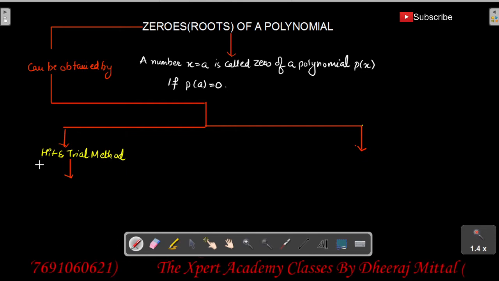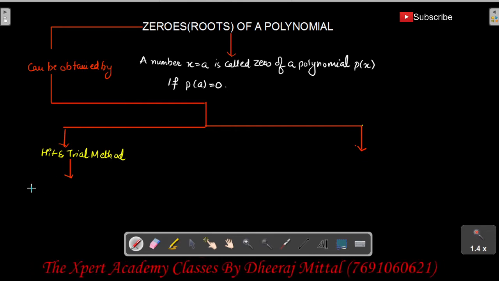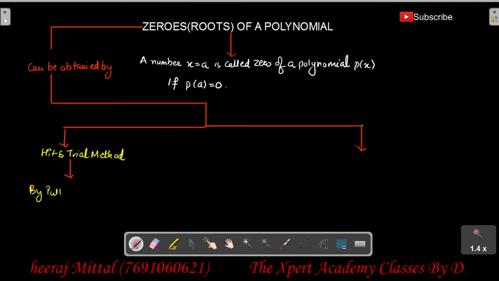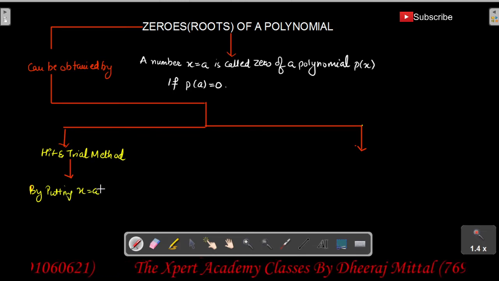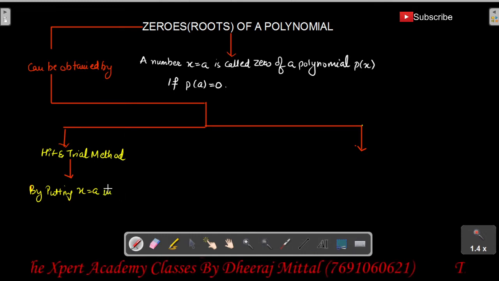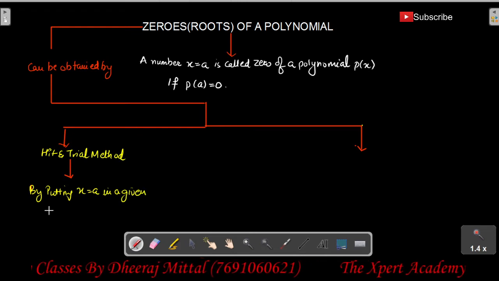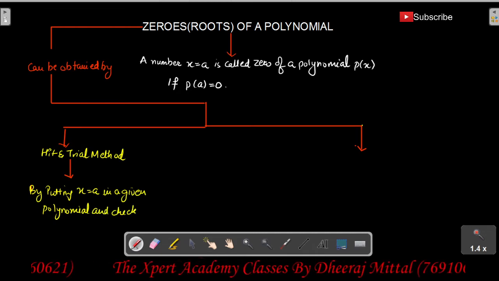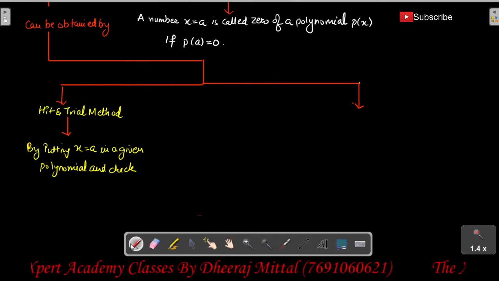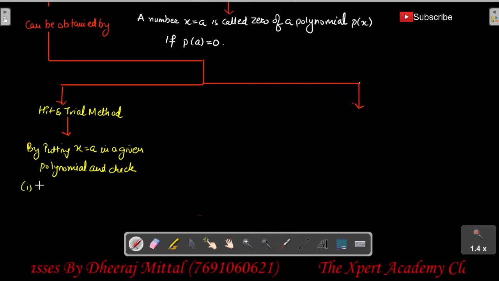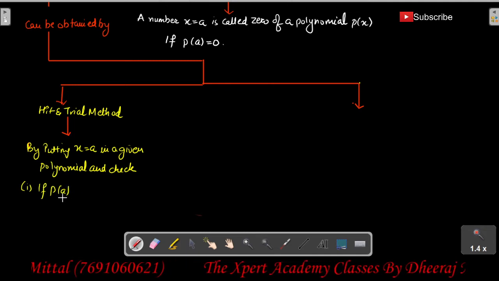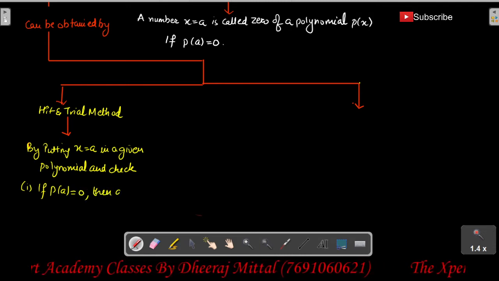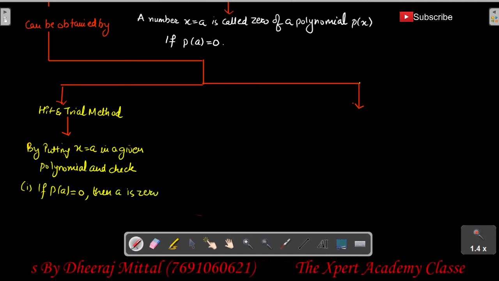In this method, we put x equal to a in the given polynomial, and then we check: on putting the value of x, that is a, if P(a) is equal to 0, then a is a zero of the polynomial.